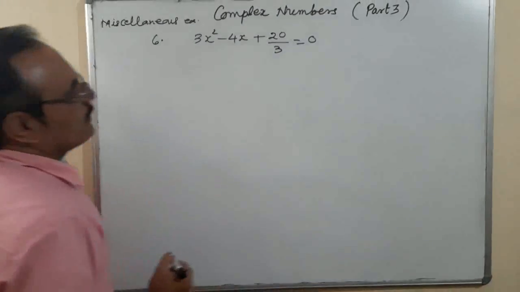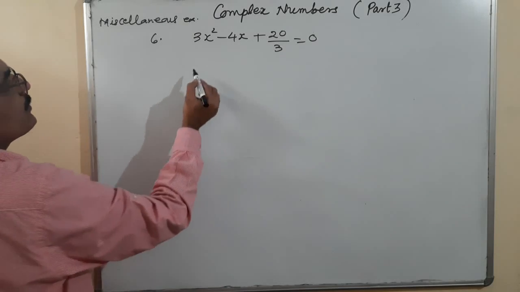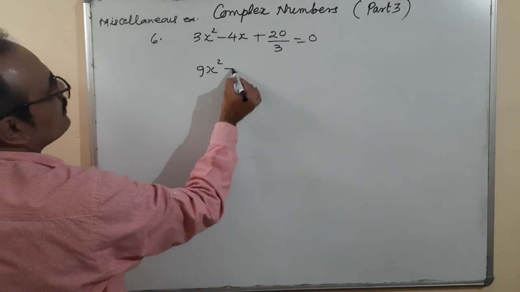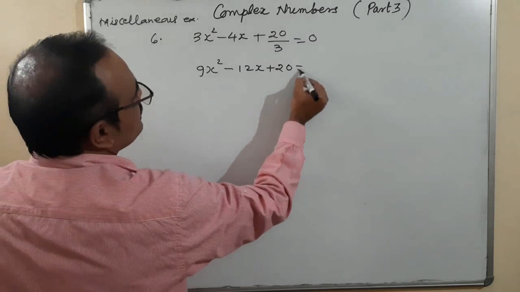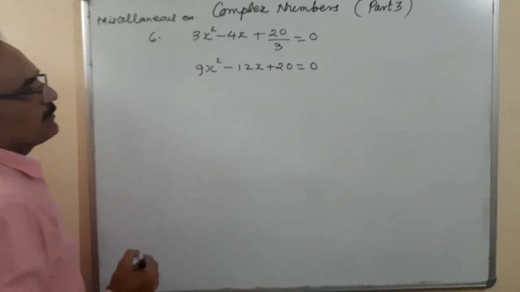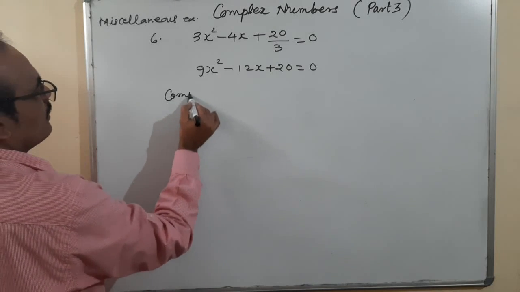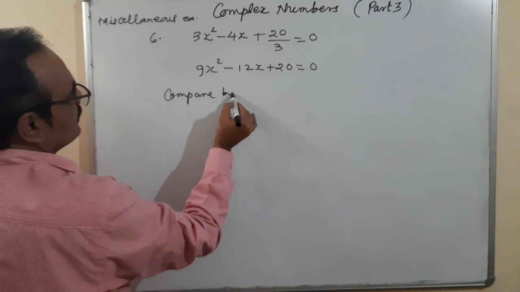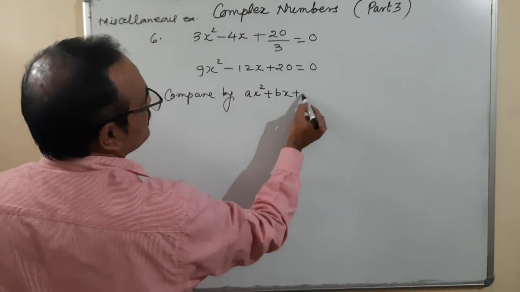We will multiply it by 3, so that this 3 will be removed from here. So it is 9x square minus 12x plus 20 is equal to 0. Compare with the general quadratic equation ax square plus bx plus c is equal to 0.